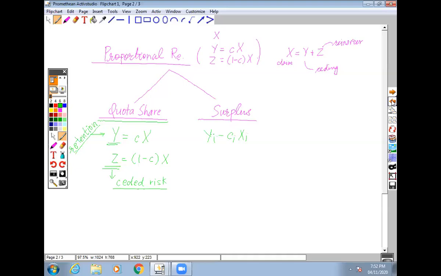So here I was looking at the claims, so the C value can differ. Yes, according to the type of policy, the C will change, exactly. And it's not much different from quota share, I would say, because it's just individual quota share.